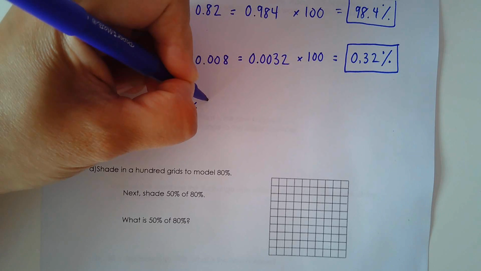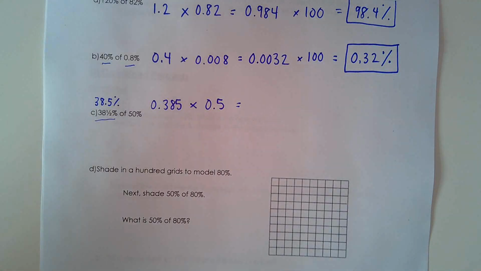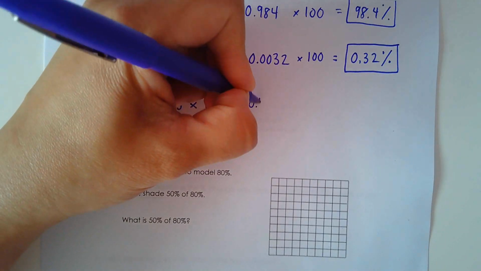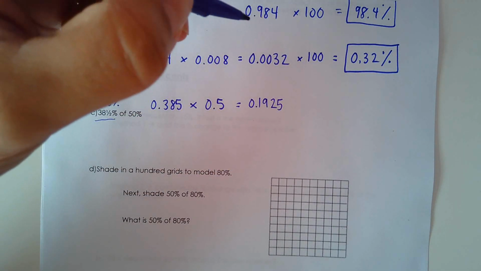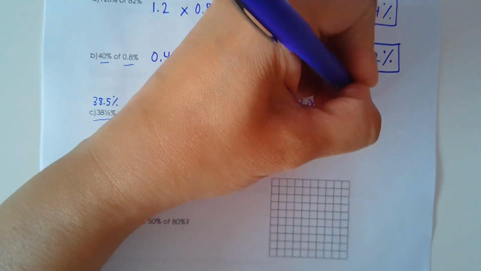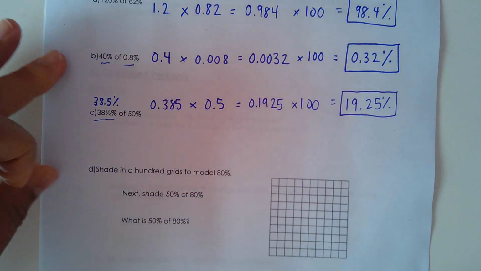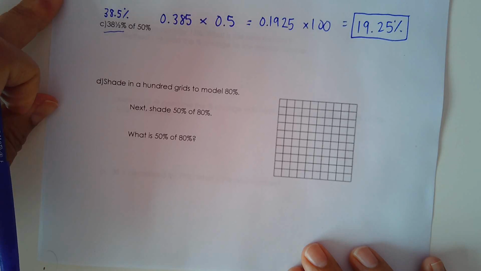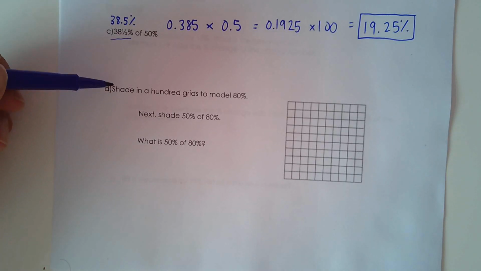And 50% becomes 0.5. We multiply the two decimals together to get an answer of 0.1925, and then we multiply the product by 100, and we end up with 19.25%.